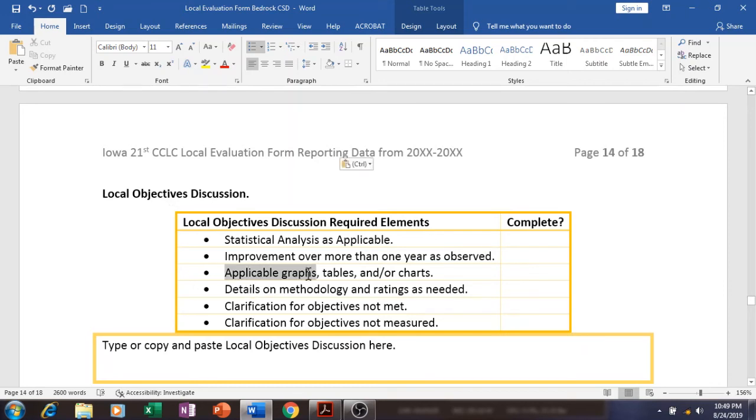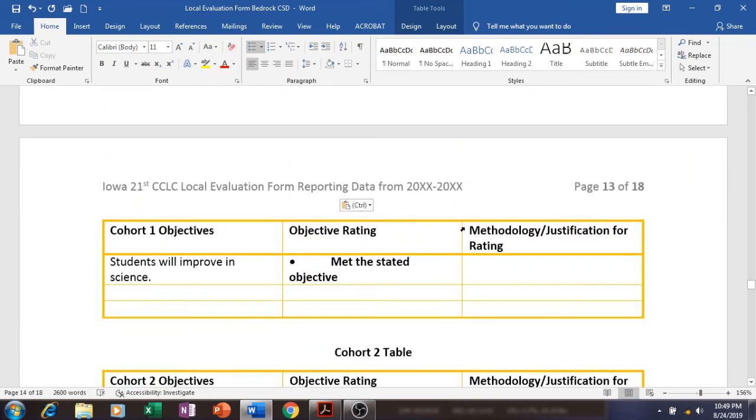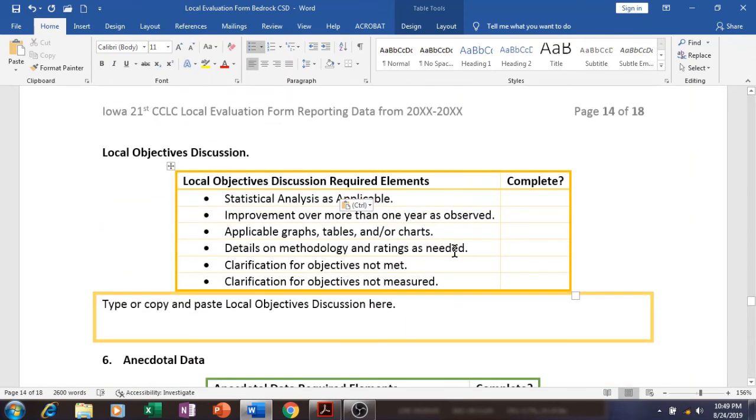Here's your chance to put in any graphs, tables, and charts to make things easier to understand. If you have more details on methodology and ratings than you put in the table, certainly feel free to put those in the discussion section. You need to clarify why you did not meet objectives, especially if something happened in the middle of the year that caused a problem with the particular item.